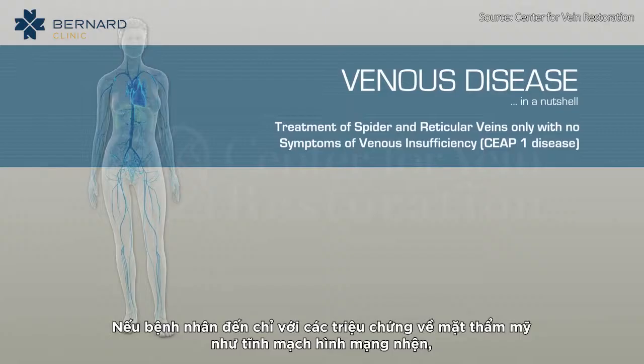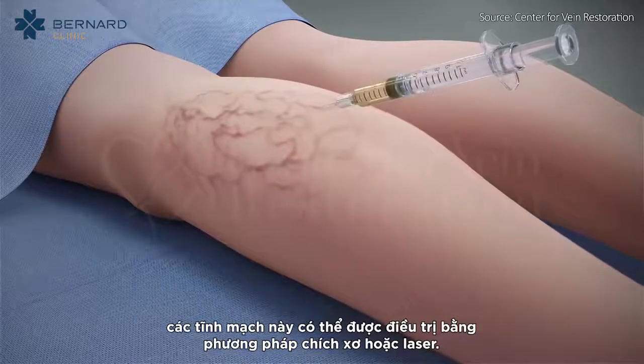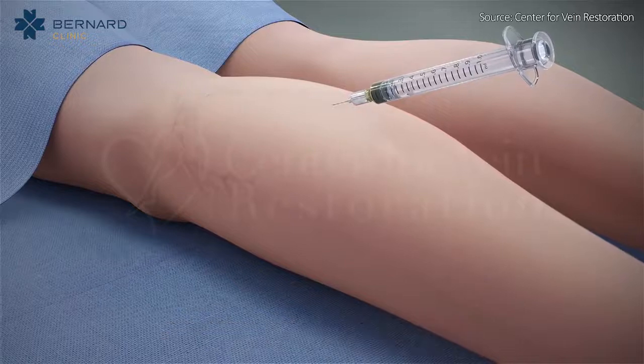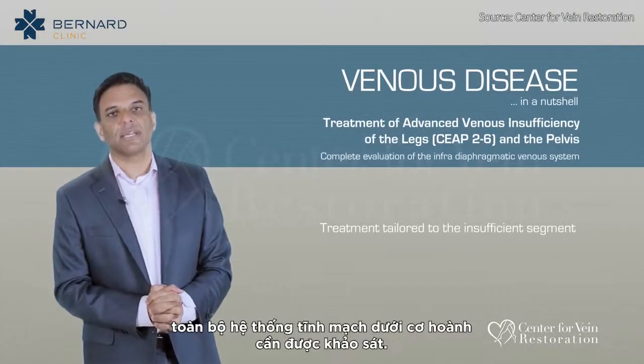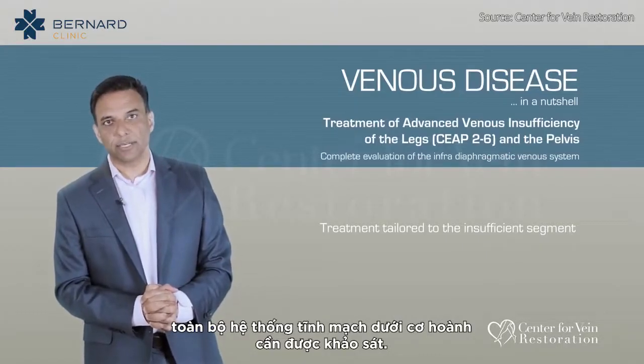If the patient presents with purely cosmetic symptoms, as spider veins, these veins are treated with sclerotherapy or laser treatments only. In patients with more advanced venous insufficiency, the entire infradiaphragmatic venous system needs to be evaluated.